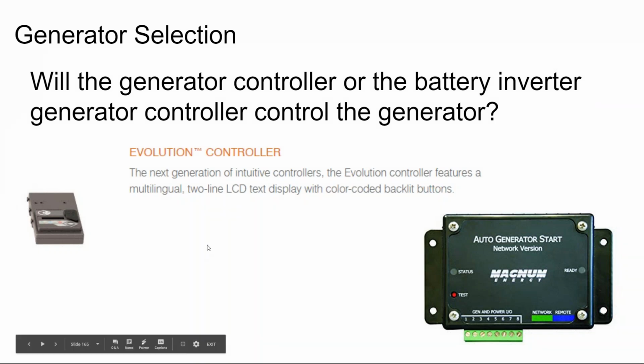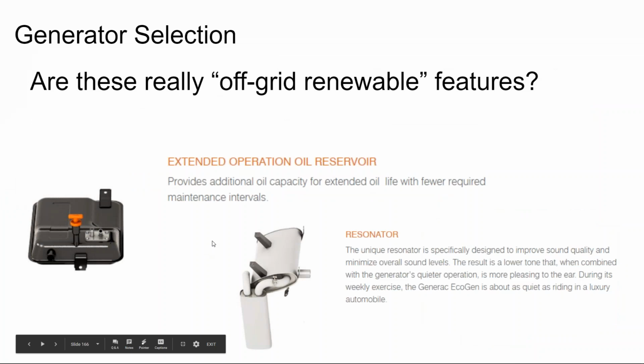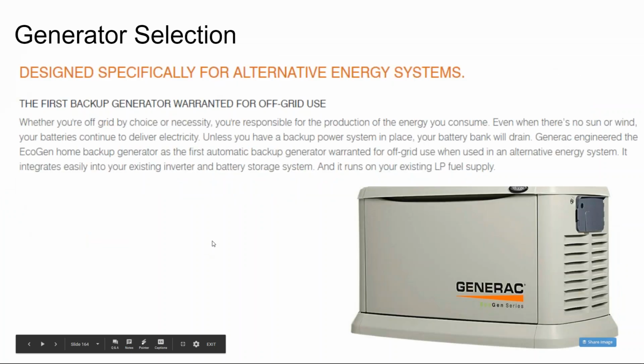Where that came in is these off-grid renewable generators will market themselves as variable speed generators that can supply a load in tandem with solar, so that if your solar array is 3 kilowatts and your load is 6 kilowatts, the generator will spin up to power the load.